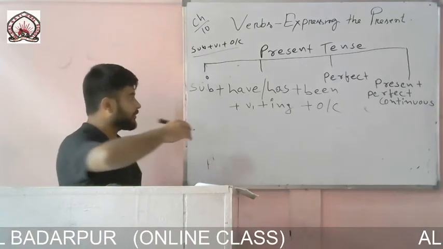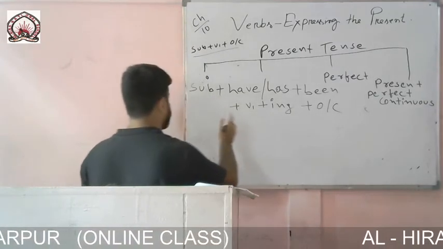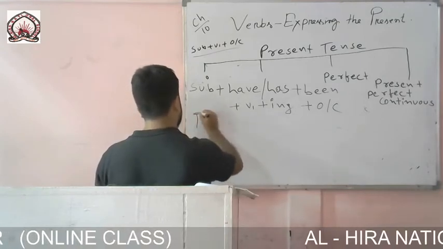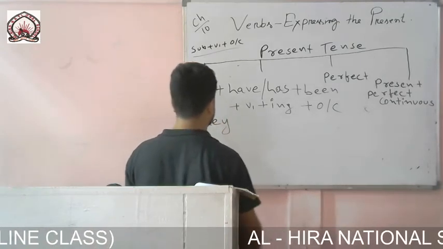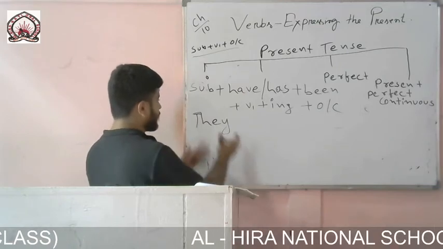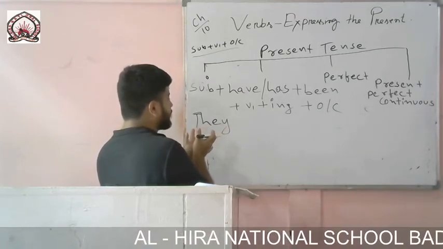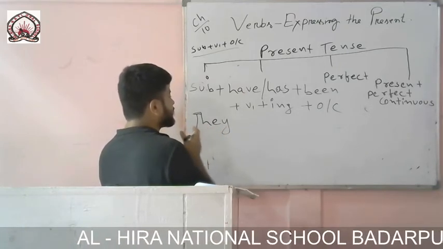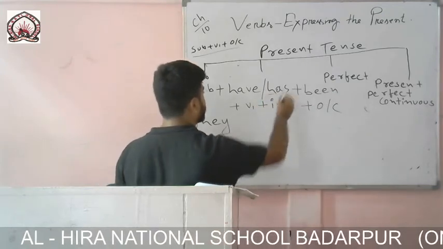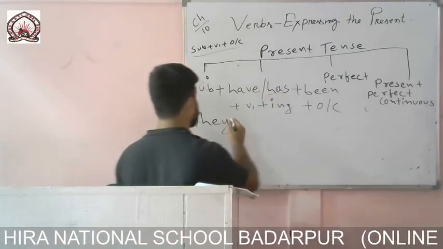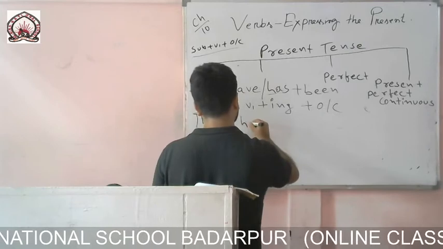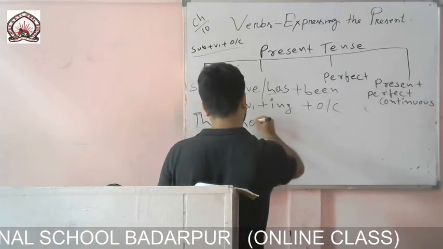For example, as I said to you earlier, if it is third person singular, then only we have to use has, otherwise have. So it is not third person singular. They have.